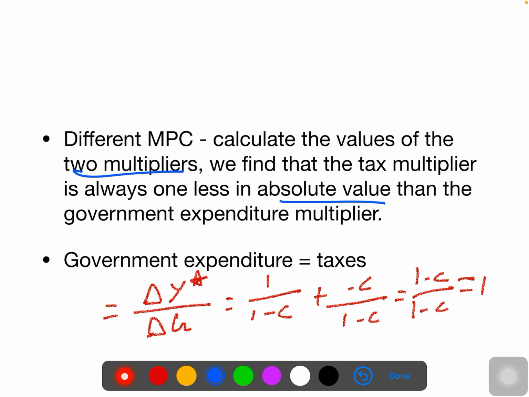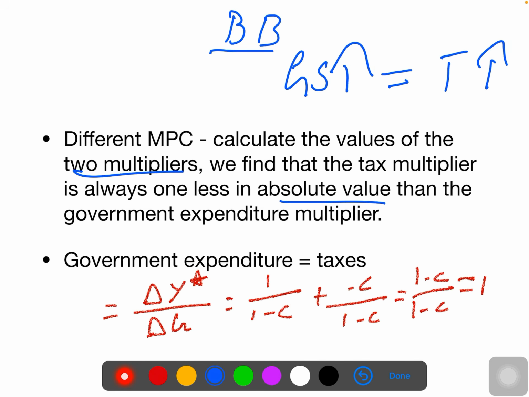Imagine the government spending is going to increase. We have to match that with an equal increase in taxes. The taxes also should increase, so that the budget remains balanced. I'm talking about a balanced budget.